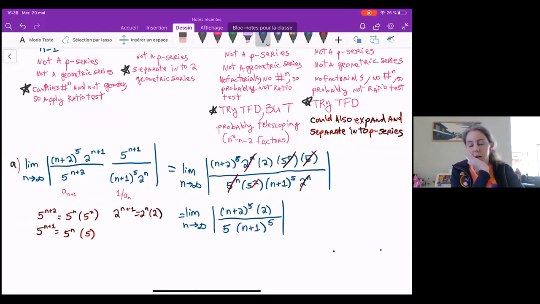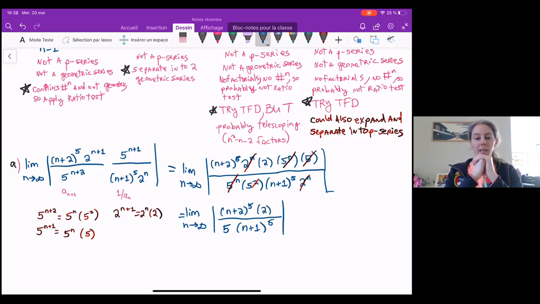And how am I going to go from here? Suggestions? What do I do when I get to here with the ratio test? To be noted, it's always the same thing. Come on, guys.